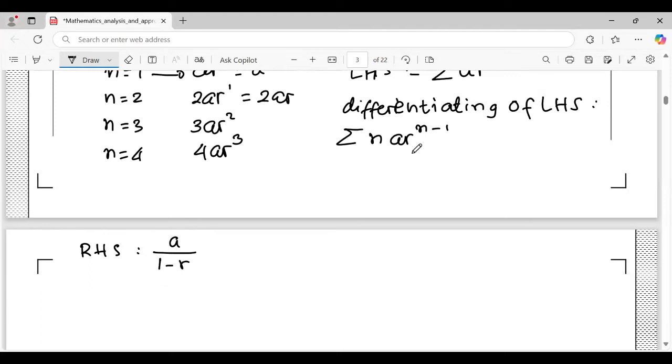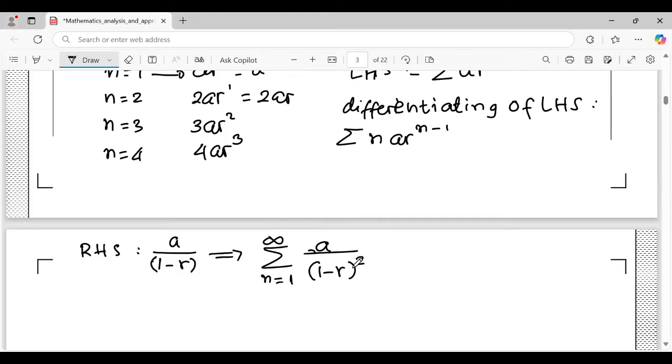But according to this information, differentiating that, it becomes the differentiation of sigma n equals 1 to infinity of a over 1 minus r power 2.